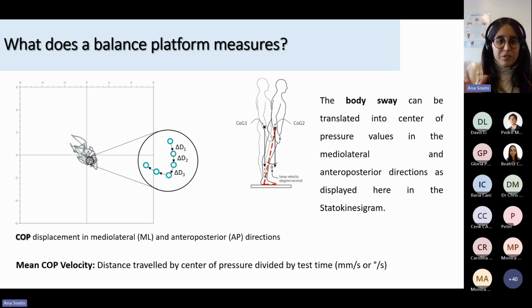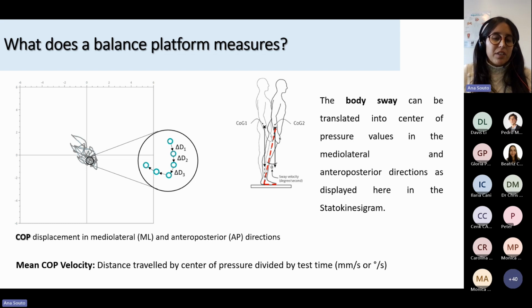So if we have a way of measuring distance and displacement during a period of time, then we can calculate velocity. And so the mean COP, center of pressure, velocity, which is the distance traveled by the center of pressure divided by time, is the velocity formula.